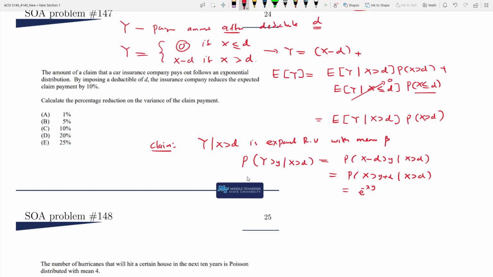That means Y behaves with survival function of Y equal to e to the power negative lambda y. That means the CDF of Y is going to be 1 minus e to the power negative lambda y. So basically, if I want to calculate this quantity, it's going to be 1 minus e to the power negative lambda y. I have to assume that Y is more than d.